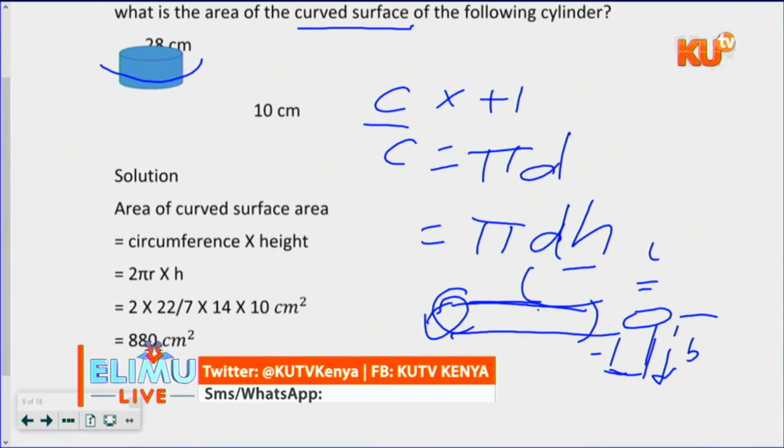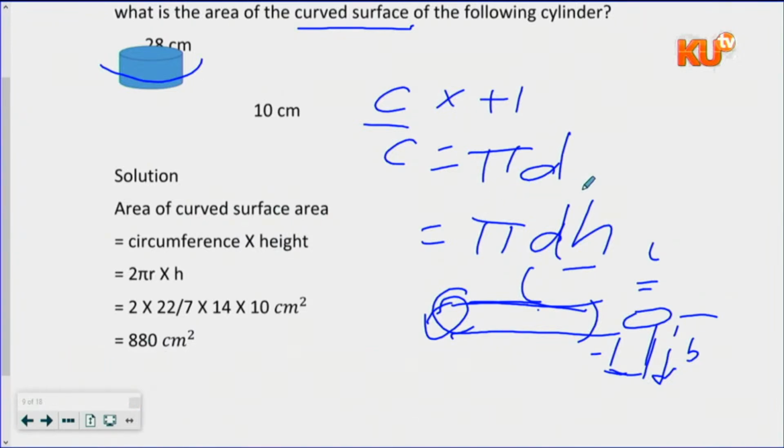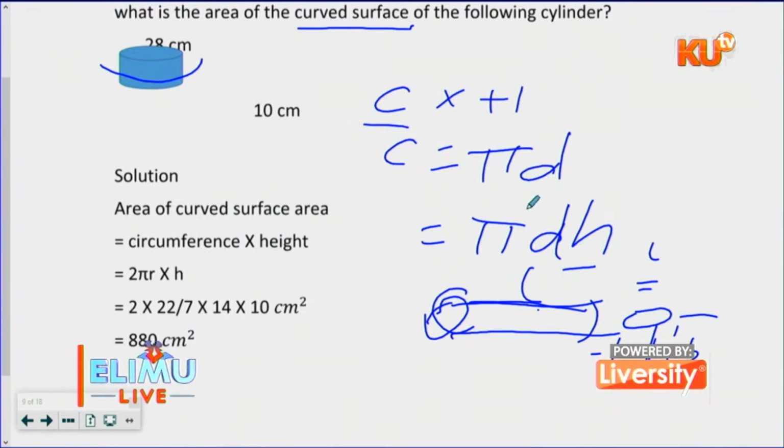So we say the formula of working out the area of the curved surface, we say circumference times height, as I have indicated here. Circumference itself is pi d. Or instead of saying pi d for circumference, you can also say 2 pi r.